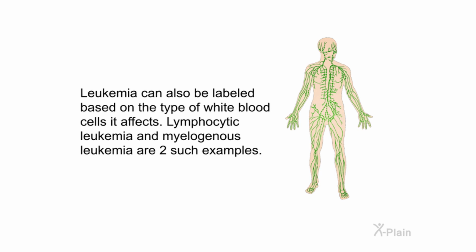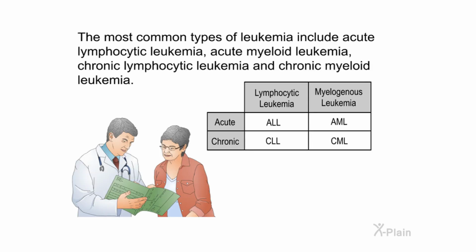Leukemia can also be labeled based on the type of white blood cells it affects. Lymphocytic leukemia and myelogenous leukemia are two such examples. The most common types of leukemia include acute lymphocytic leukemia, acute myeloid leukemia, chronic lymphocytic leukemia, and chronic myeloid leukemia.